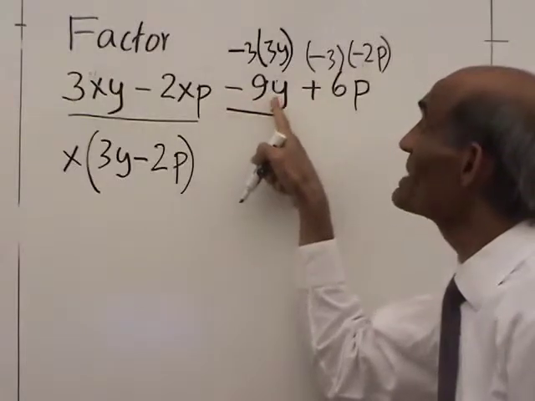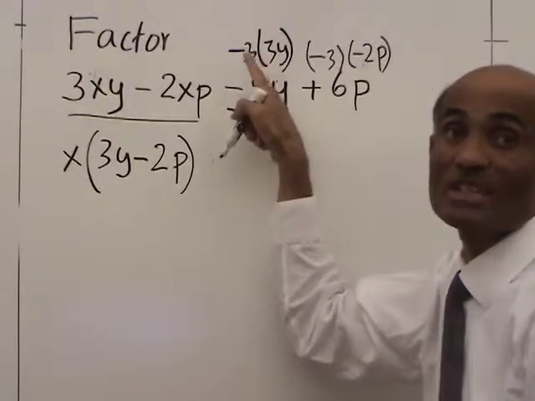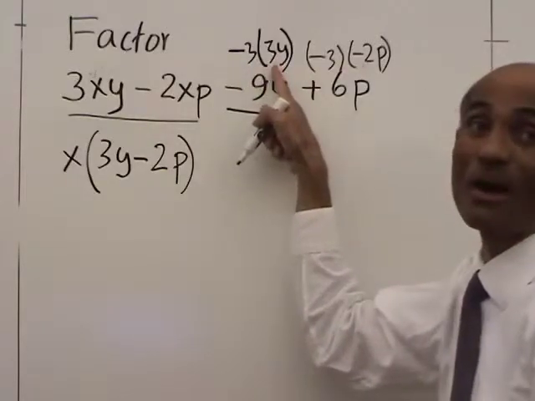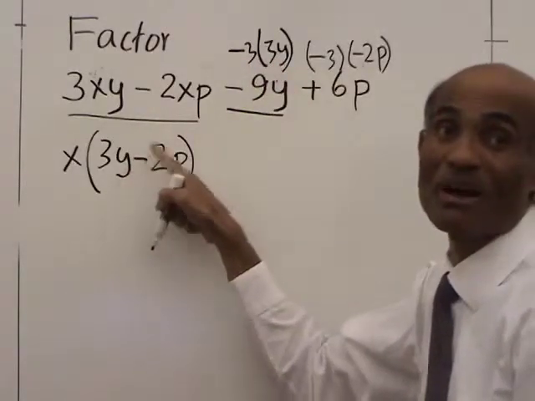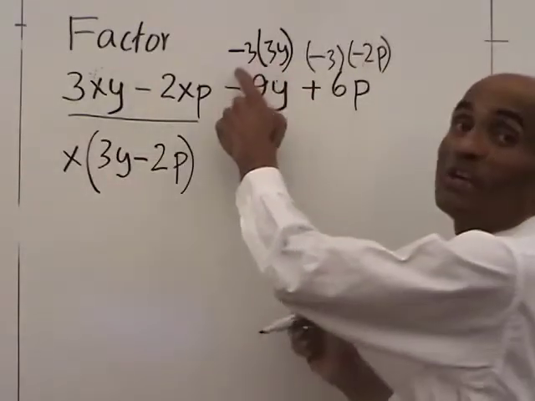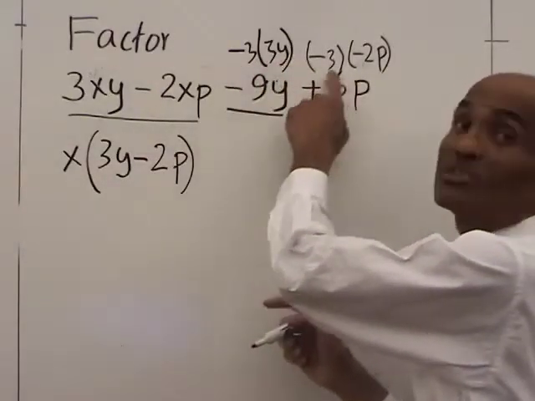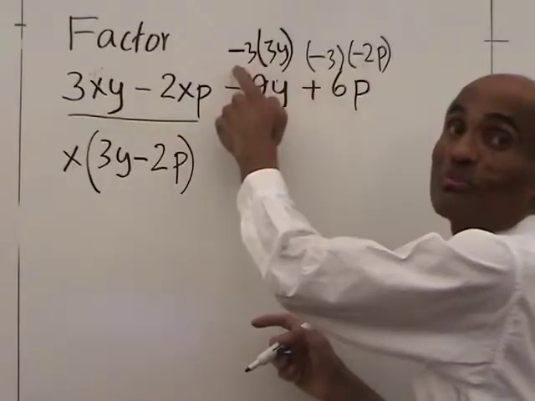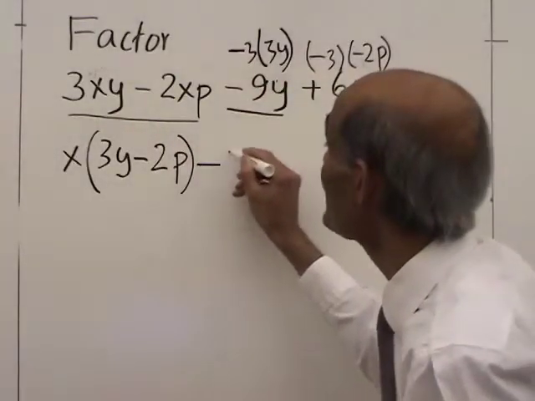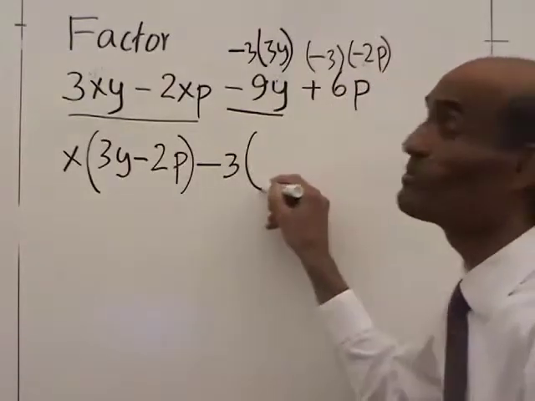This negative 9y is actually a negative 3 times a positive 3y. Look at that positive 3y we generated. And now, in doing so, we created a negative 3 that is common to both. And that is what we're going to pull out. So, negative 3 is going to be pulled out.